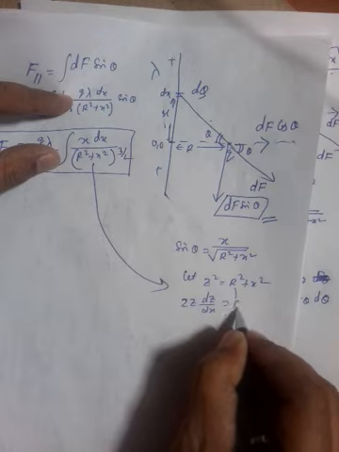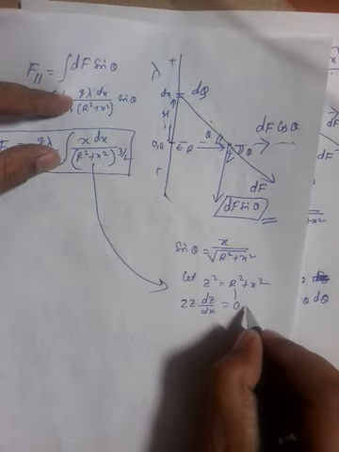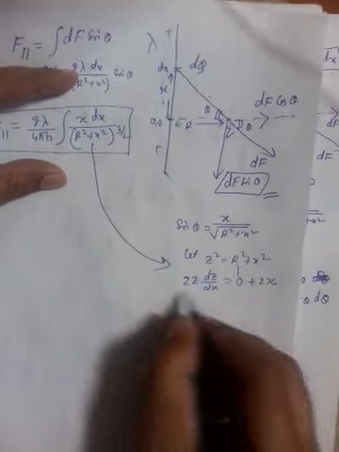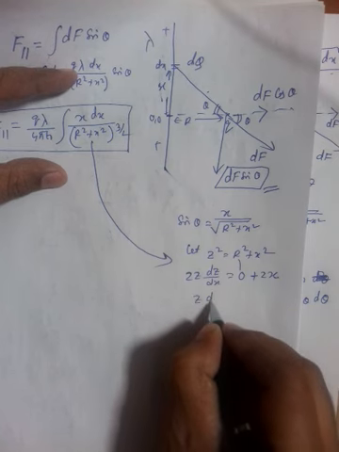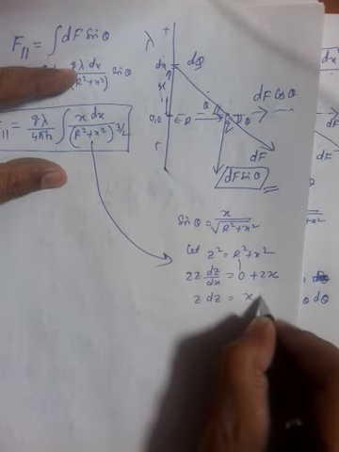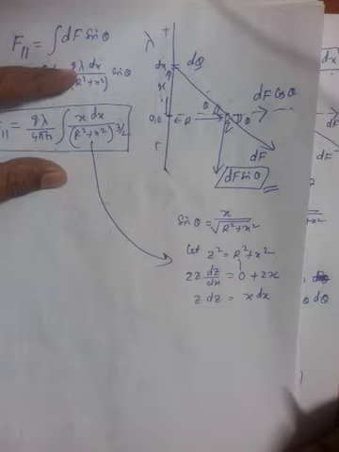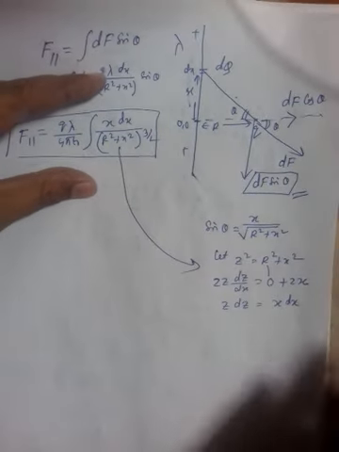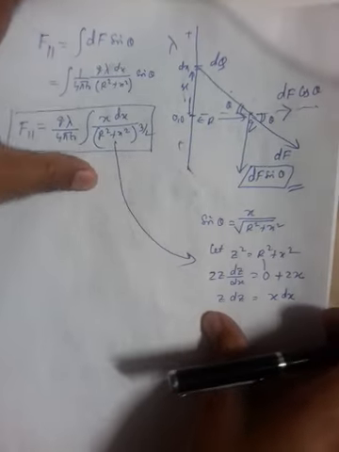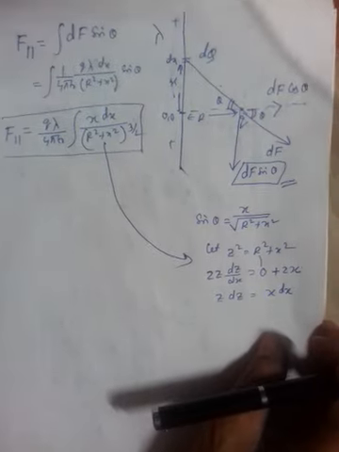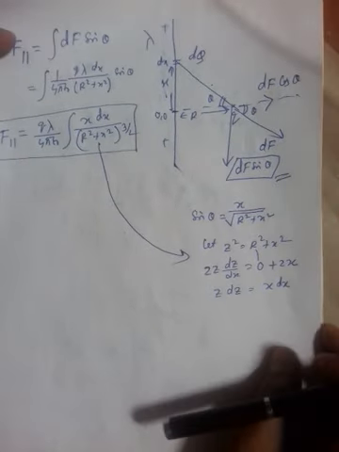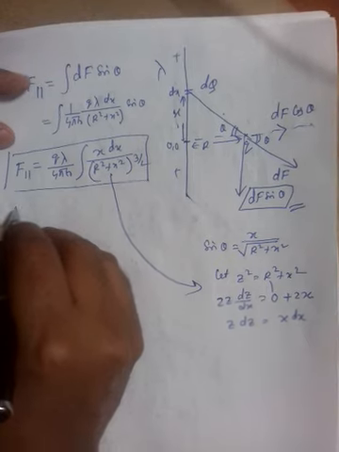R is a constant because the distance is fixed. X square on differentiation gives twice x. So the 2s cancel. z into dz equals x into dx. Is that clear? Once this is available, let me come back to the calculation.